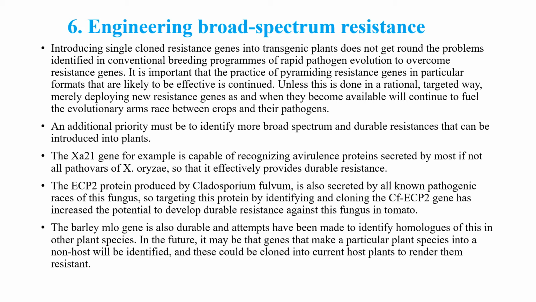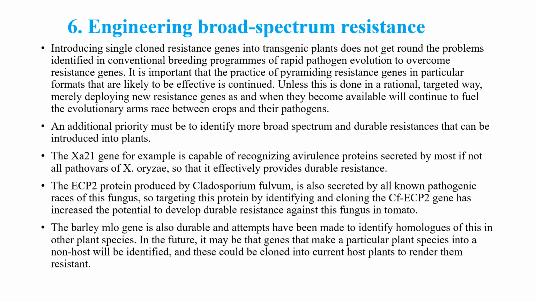An additional priority is that more broad spectrum and inducible resistance must be identified and introduced into the plant. The Xanthomonas oryzae resistance gene, that is the Xa21 gene, for example, is capable of recognizing a virulence protein secreted by most, if not all, pathovars of Xanthomonas oryzae, and so effectively provides a desirable gene. The ECP2 protein produced by the Cladosporium species is also secreted by all pathogenic races of this fungus.